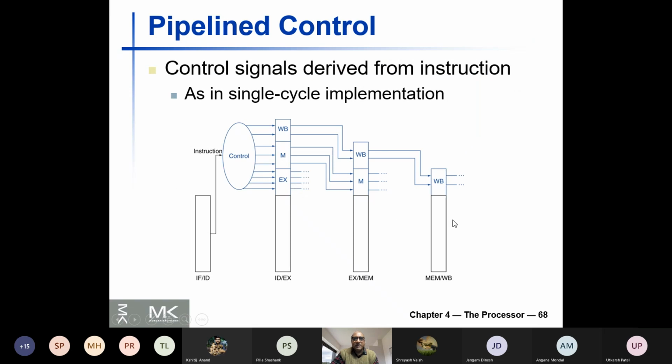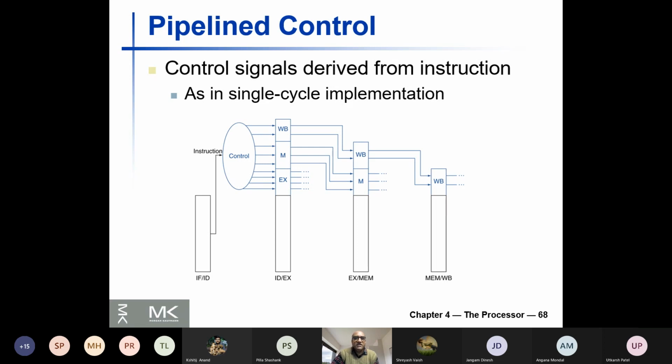The pipeline controller is almost the same as the controller for the single cycle approach. The difference is that these control signals also have to be passed through the pipeline stages, and whenever they are required in a particular stage, only those control signals are used, and the remaining ones are passed on to the further stages.